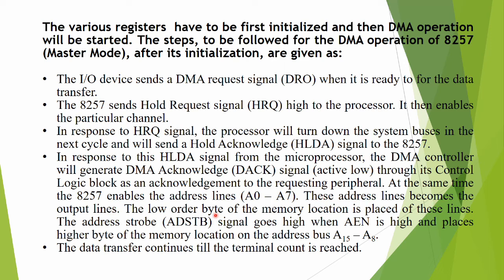The lower order byte of the memory location is placed on these lines. The address strobe signal goes high when address enable is high and places the higher byte of the memory location on the address bus A8 to A15. The data transfer continues till the terminal count is reached.